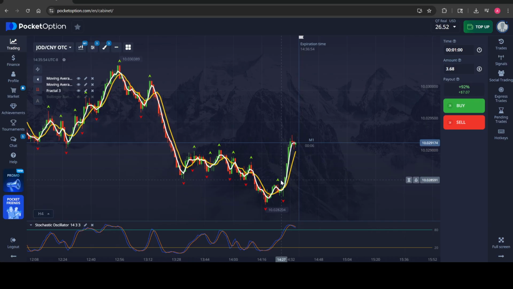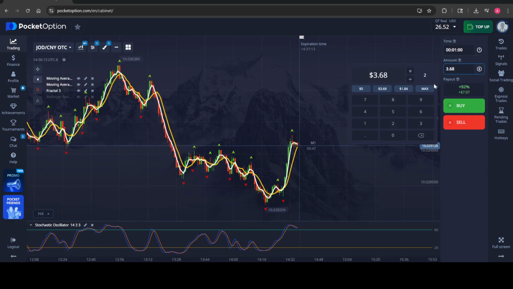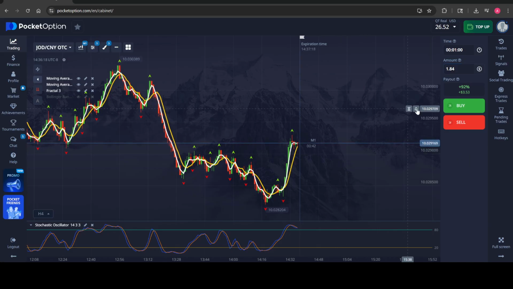Okay, so clearly this is a downtrend here. We'll see if this crosses over, and if it does, we'll take a trade. The time frame I'm using is 1 minute, and the trade time is also 1 minute. I'll start small and then double the trade with each win.